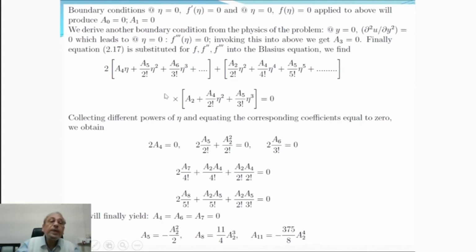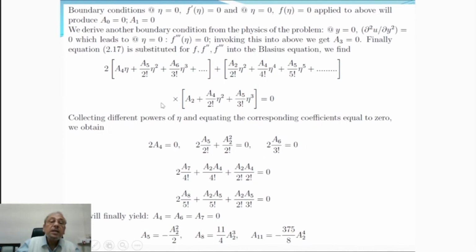If we do that, for example, first the coefficient of only eta after multiplication is twice a4, so a4 equal to 0. Then for eta square, twice a5 by factorial 2 plus a2 square by factorial 2 equal to 0. Then for eta cube, all the coefficients associated with eta cube set equal to 0, we will be able to write 2a6 by factorial 3 equal to 0.